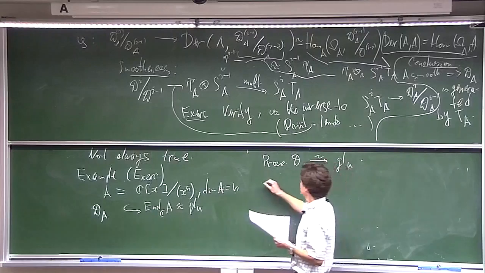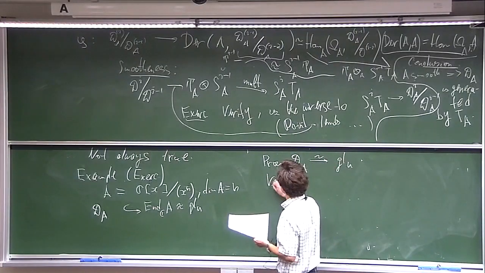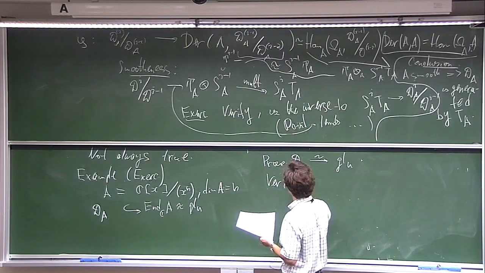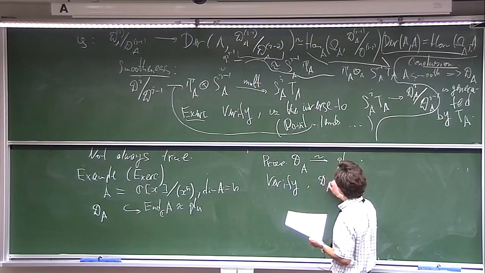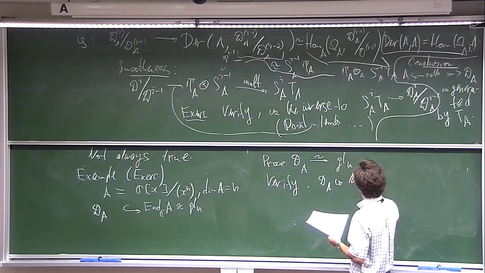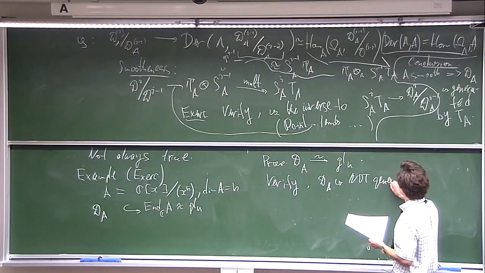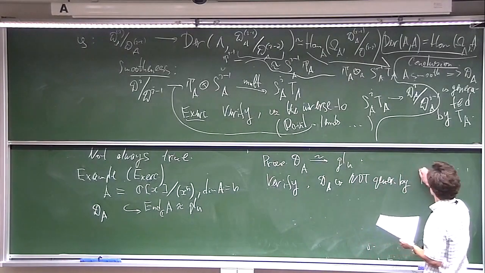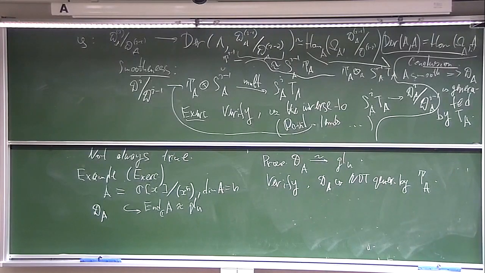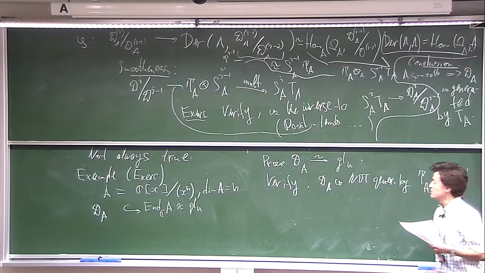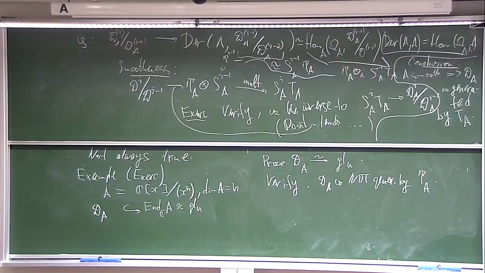In particular, find the vector field and verify that D(A) is not generated by the derivations. It's an interesting example, and it's related to some more recent work on chiral differential operators, but I won't have time to speak about it.